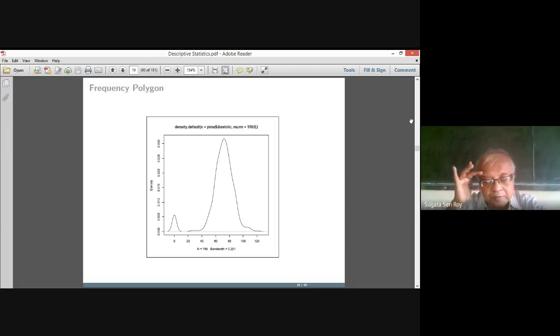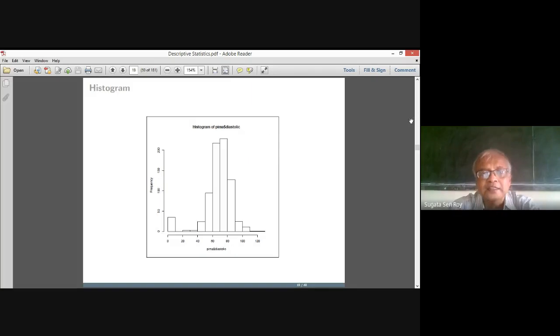But just before I end with this, diagrammatic representation is something that you should always be doing because it gives a very clear idea of what the data structure is like. You get a very good insight into the data when you do it. For example, if you look at this histogram, you know that the maximum frequencies are between 60 to 80, and then it falls off rapidly on both sides.